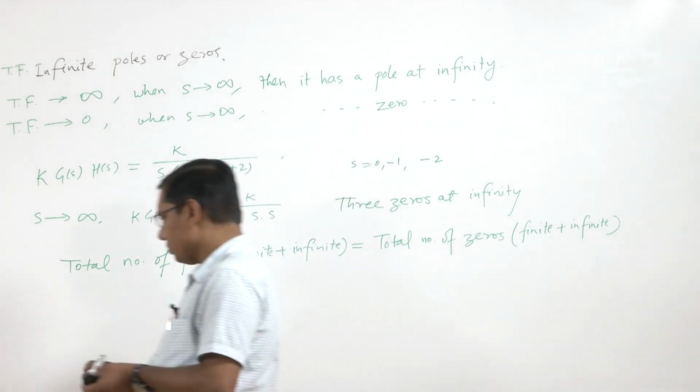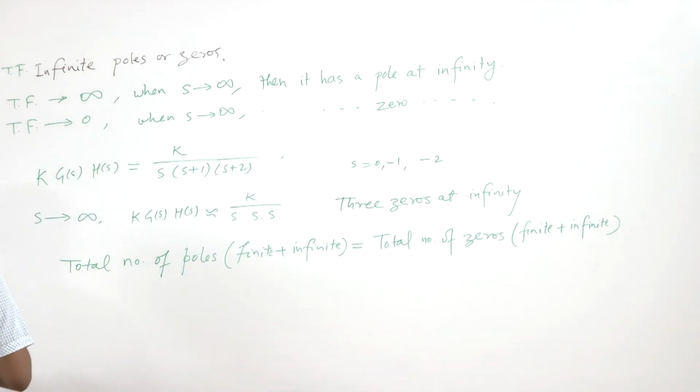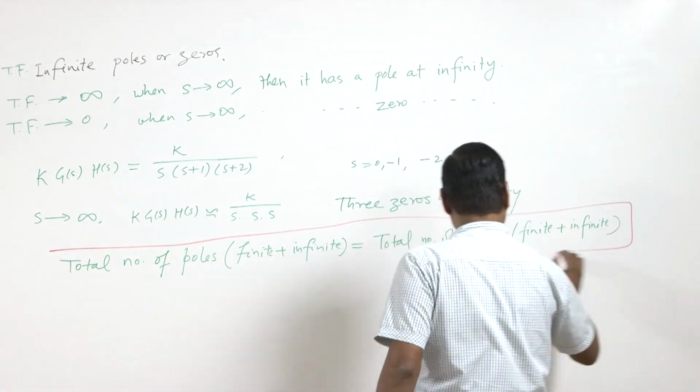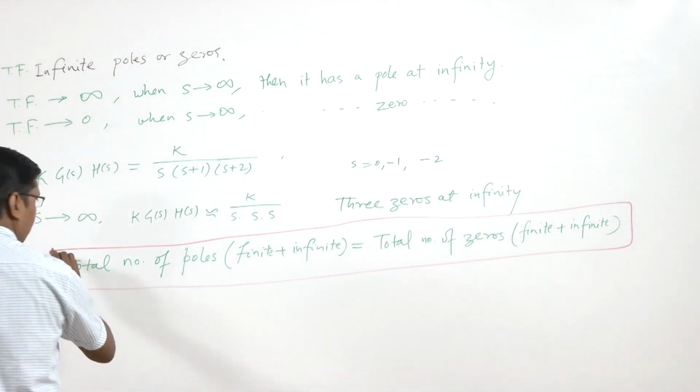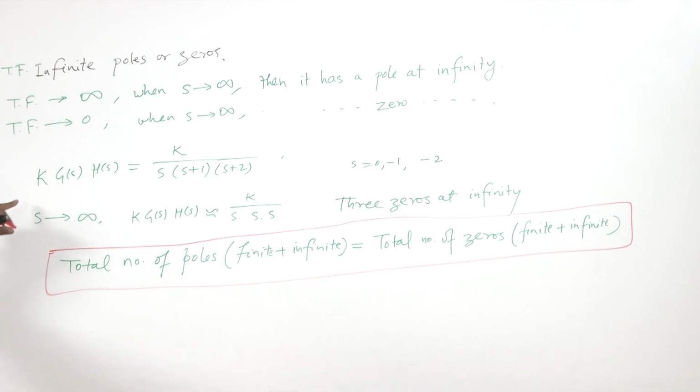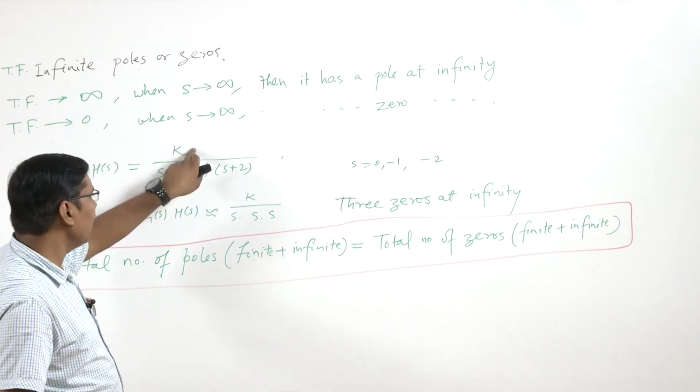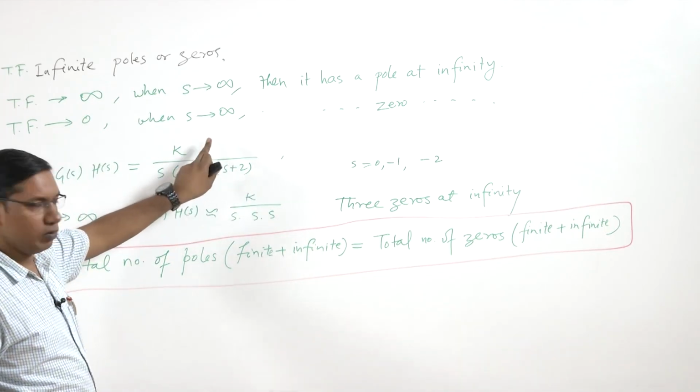So this is the rule. Because in this transfer function we saw that there were 3 finite poles and there was no finite zero.